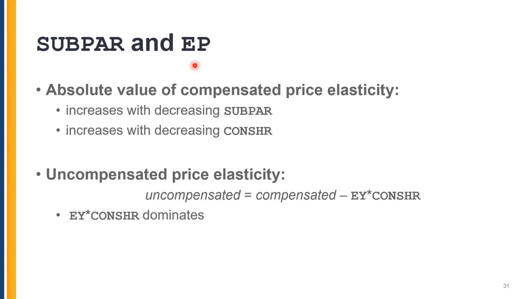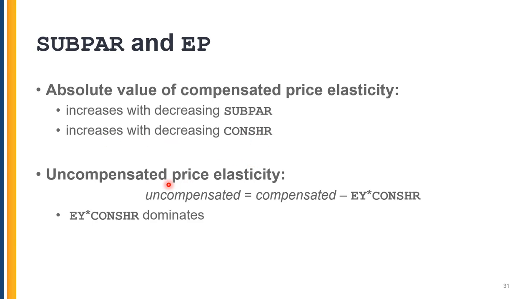It's a little more complicated with the relationship between the price elasticities and subpar. So here we're talking about the absolute value of the compensated price elasticity. As subpar falls, the compensated price elasticity will go up, and the same thing, if the consumption share falls, it will go up.